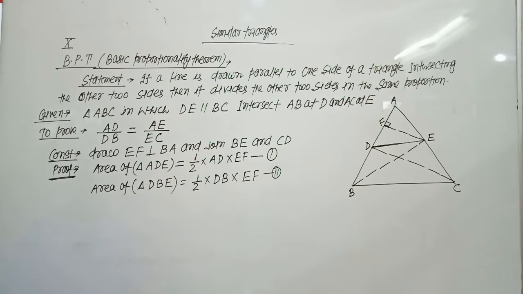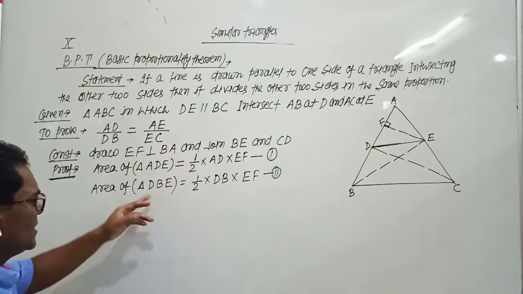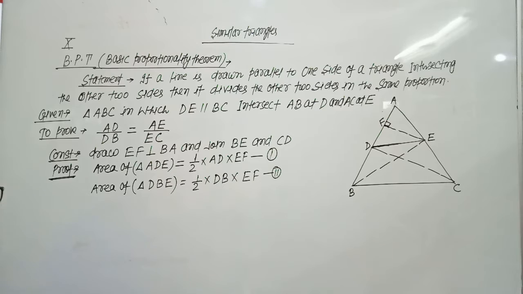Now divide first by second, and we find the ratio of the area of triangle ADE and the area of triangle BDE.